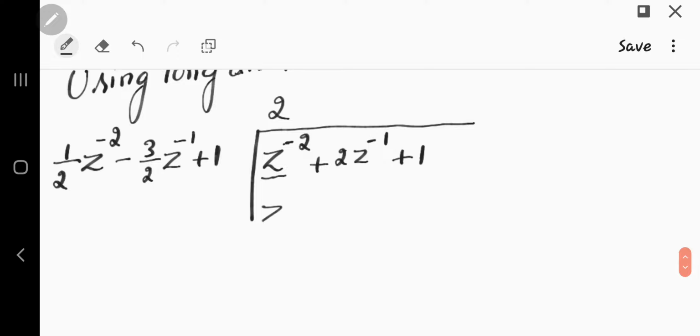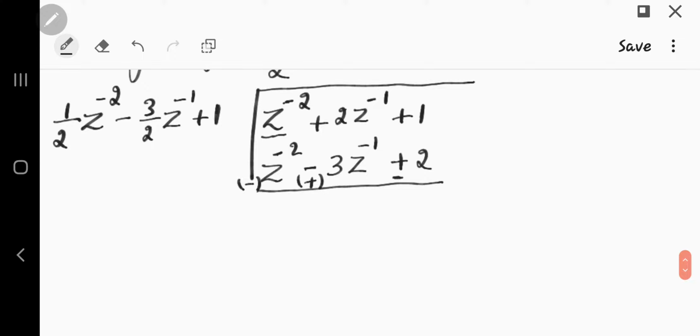So that's why z power minus 2 minus 3 by 2, the 2s get cancelled, you will remain with 3 z inverse plus 2 into 1 is 2. Now the signs will alter here. This becomes plus and this becomes minus and this becomes minus as well. So this term is cancelled.